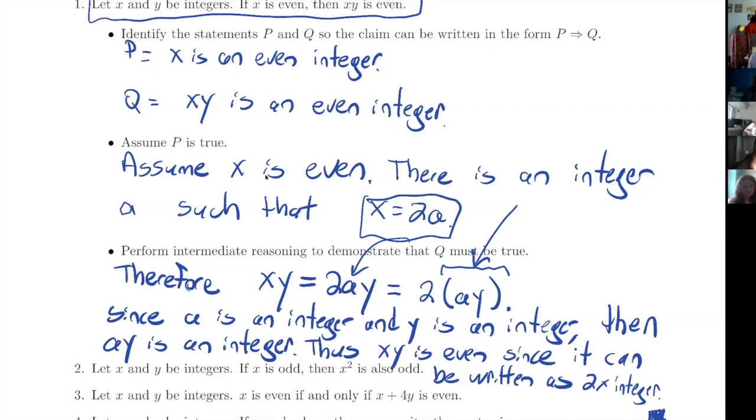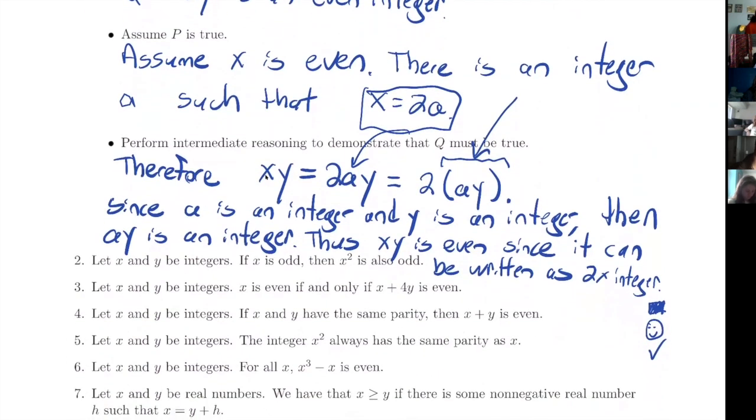But if you're doing direct proof and you're totally stumped about where to begin, I think a very good first step is just to identify what is the statement P and what is the statement Q. And that's going to tell me here's where I start and here's where I want to end. You're going to start with P and hopefully you get to the end and you show that that would have to imply that Q is true. Okay, any questions about the sketch of the proof that I just did here?